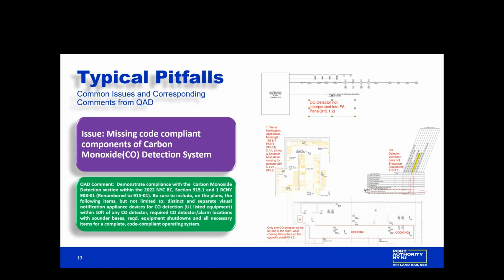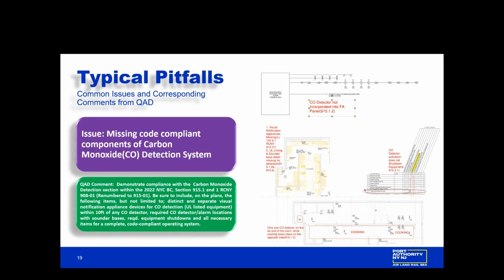Carbon monoxide is usually brought on by equipment like fuel oil, natural gas fired equipment. And we even look as far as the rooftop unit, if there's a gas fired heating section, that's also considered potential for generating carbon monoxide.